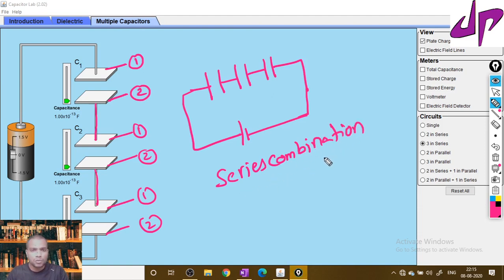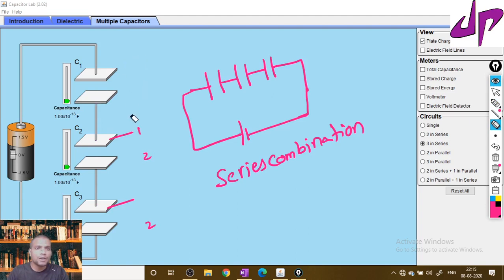Now if it is a series combination, and I take the capacitance of the individual capacitors, each one has a capacitance of 1 times 10 power minus 13 farad, that is 1 picofarad.